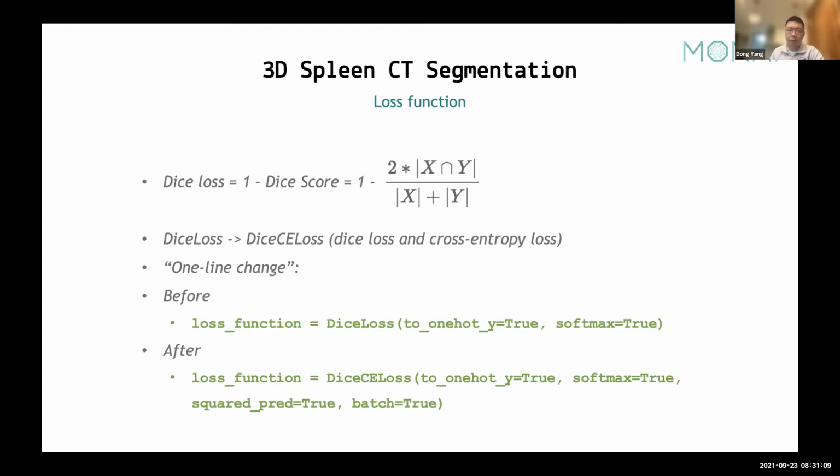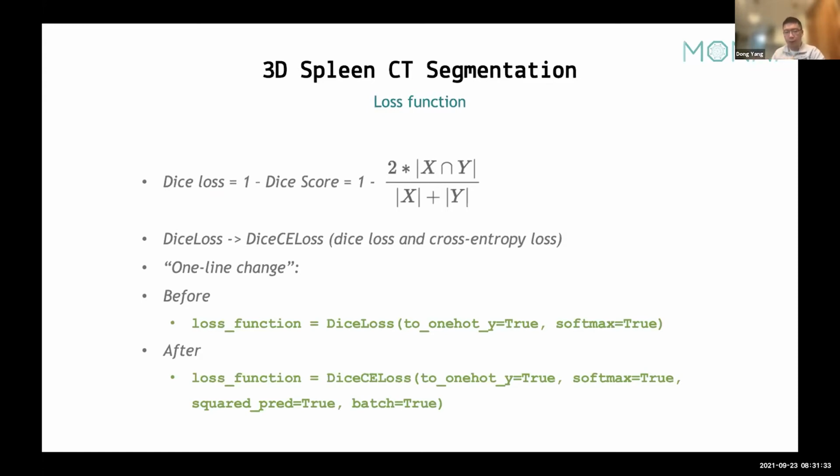I assume most of the users here know what the Dice score is. Basically, it's the overlap divided by the sum of the two regions, the foreground ground truth region and the predicted region.